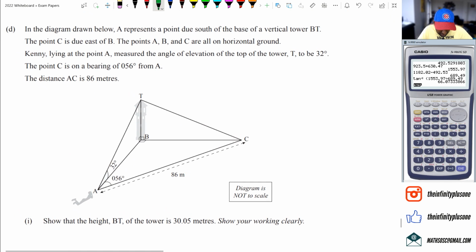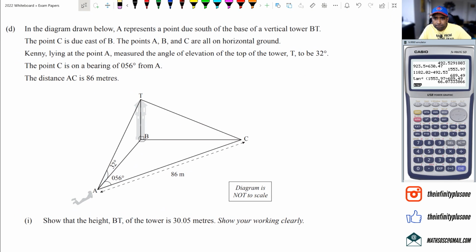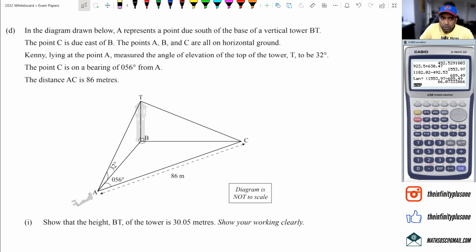All right, let's have a look at the next question here. The first part of this question, what we've got to figure out is the height BT, which happens to be this right here. It actually shows that it's 30.05.